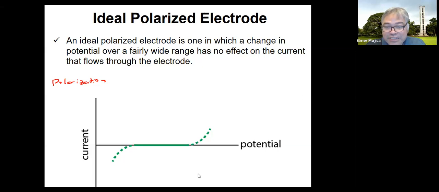And in most cases, polarization can cause a decrease in the output of voltage, especially when you're talking about batteries, and an increase in the voltage required for electrolytic cells. Okay, so we could say this is different to the effect of the ohmic potential, where current decreases the galvanic cell and increases the potential for the electrolytic cell.